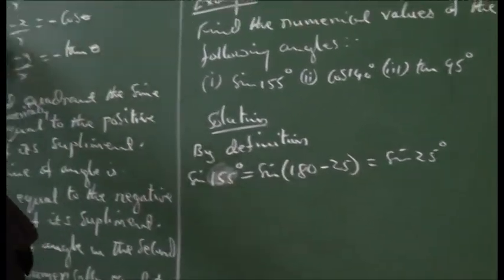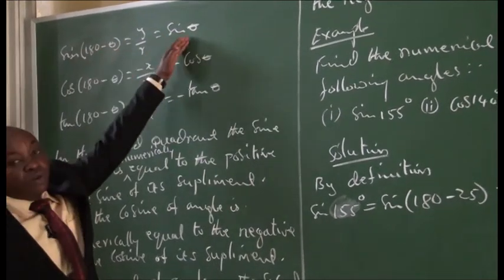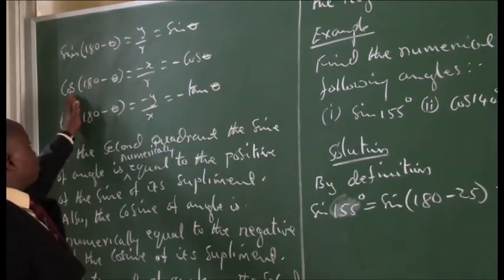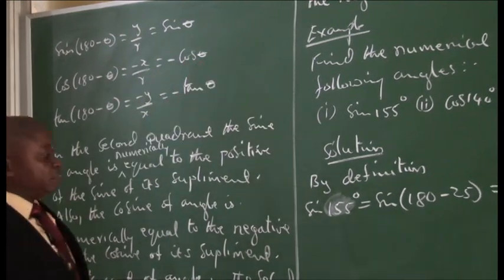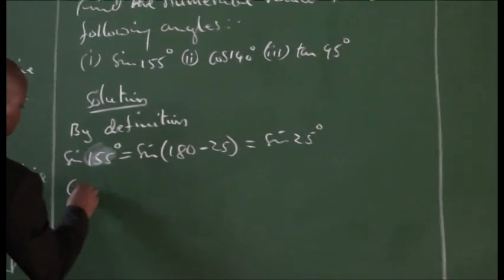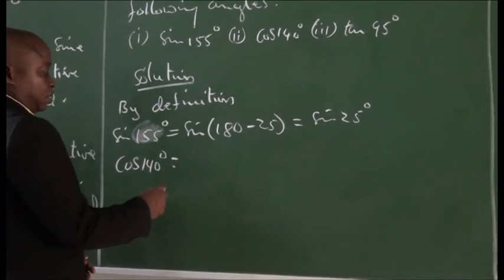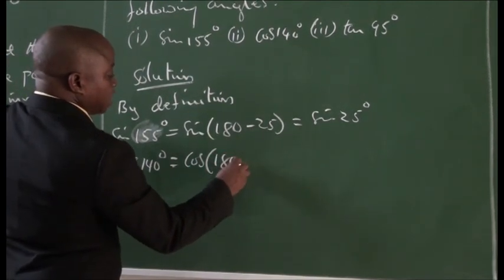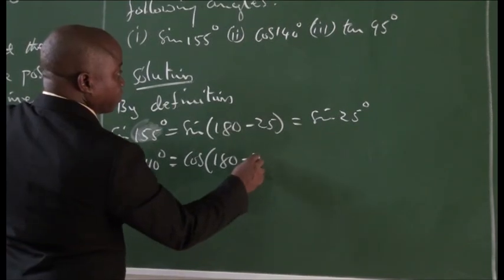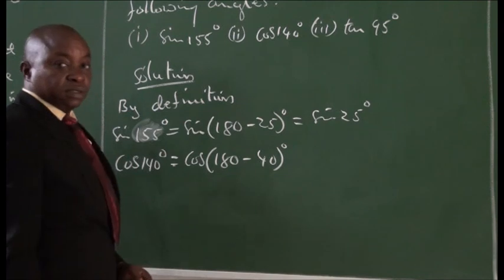Because by definition, we said that sine 180 minus theta will be equal to sine theta. Cos 180 minus theta will be equal to minus cos theta. So for cos 140 degrees, it is the same as cos 180 minus 40 degrees.